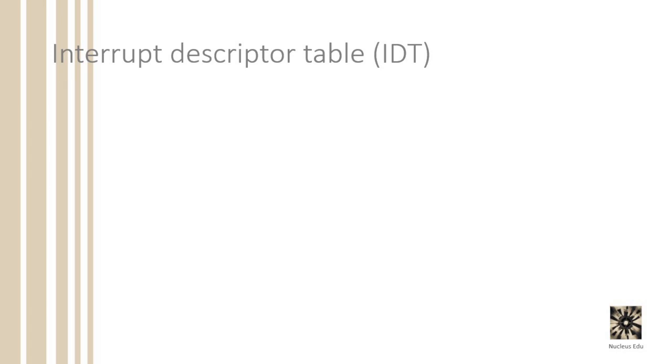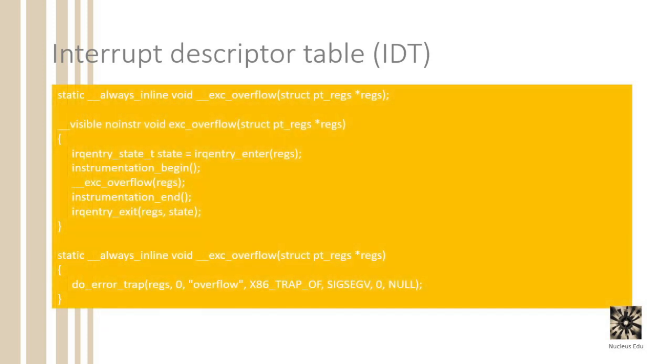Right, so let's pick one of them and expand the macro and see what we get. We have picked one for overflow, and when we expand we get this piece of code. The first is the prototype, second is the function exc_overflow, and then this is how it looks.